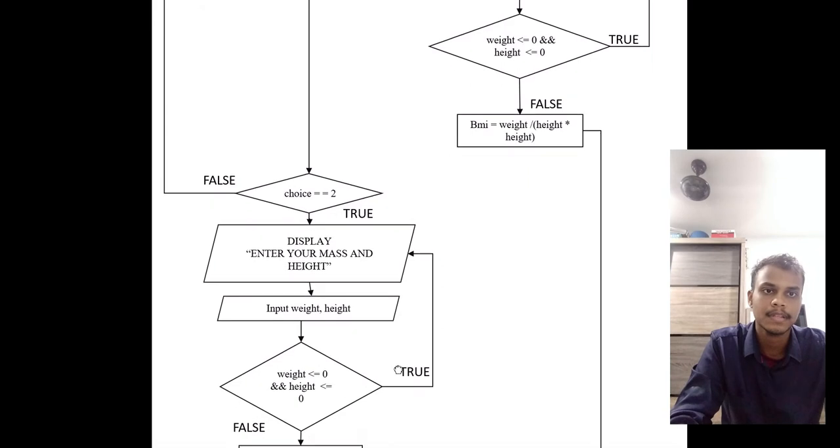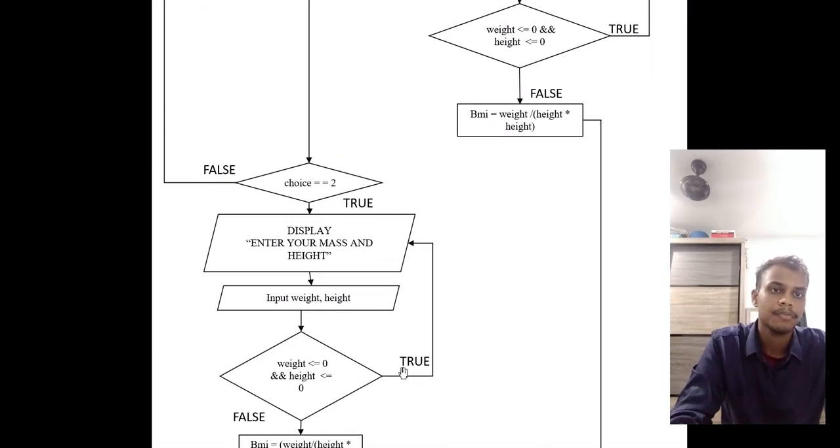But if it's a false statement, the BMI of the user will be calculated with a different BMI formula, which is weight divided by height power square, multiplied by 703. We use this concept to ensure that the user enters a valid number that is not equal to 0 or negative.